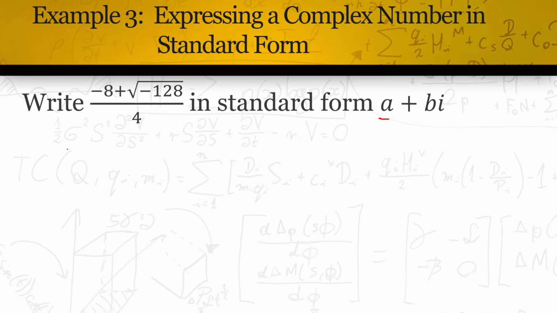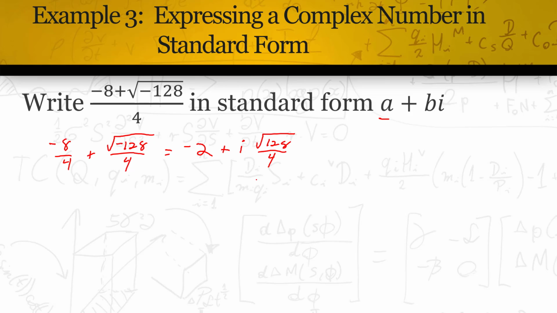The first thing that we can do is write this as negative 8 over 4 plus the square root of negative 128 divided by 4. Negative 8 over 4 is just negative 2. Plus, now the negative sign, we can replace that with an i, and then we will have the square root of 128 over 4.